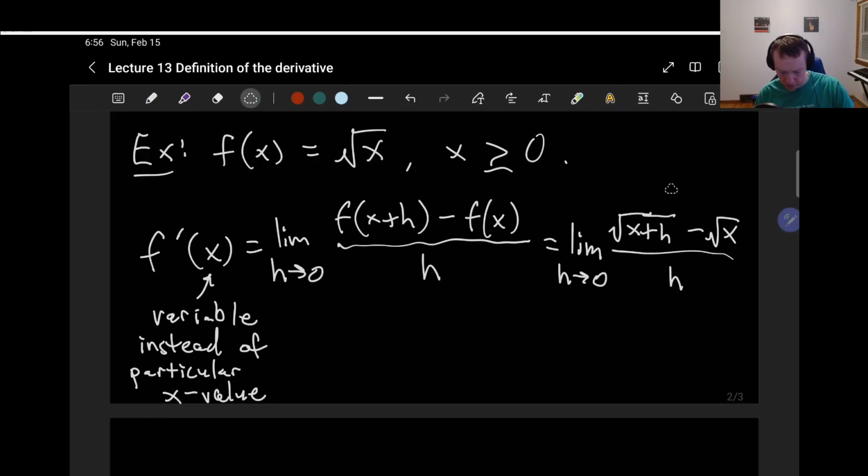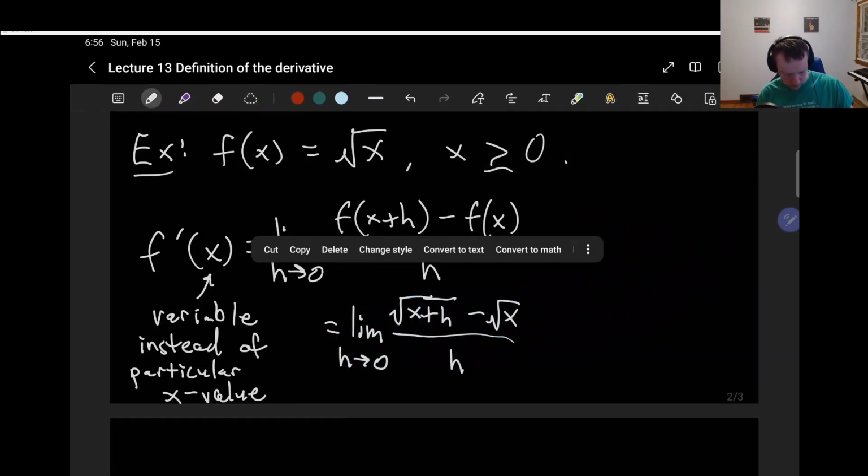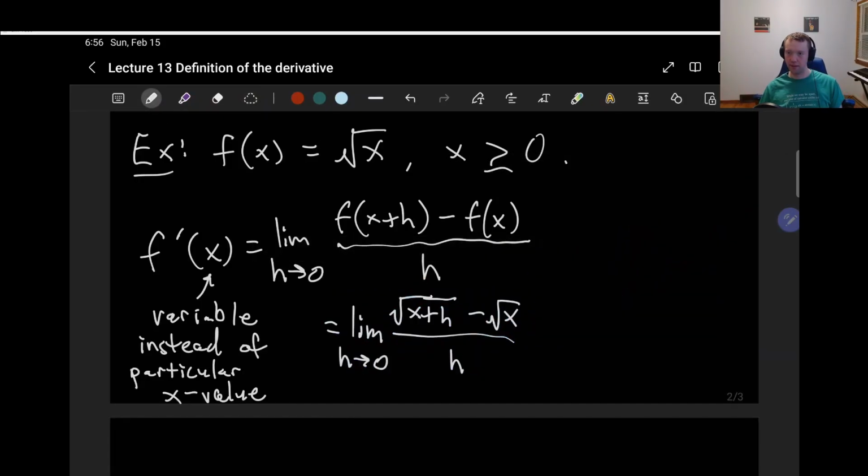I actually want to move this. Well, if you try to plug in 0 for h, that's going to be problematic, isn't it? Because this would turn into the square root of x.